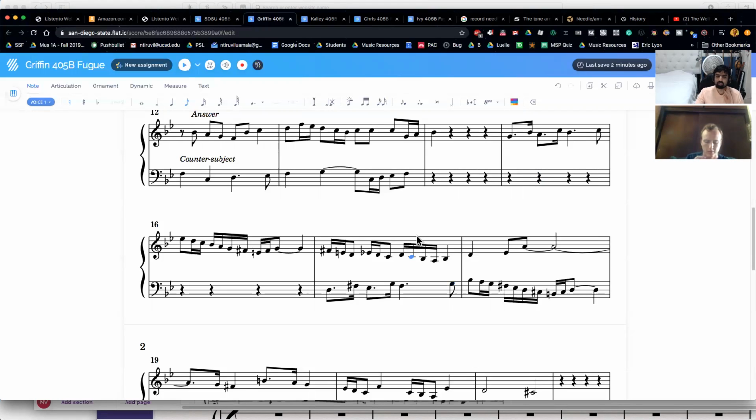Well, by doing the E flat here, you're making it feel as though you're still in G minor. So I would just do E natural. And what I could do is I could just change the whole thing from minor to major. Yeah, you could do that.